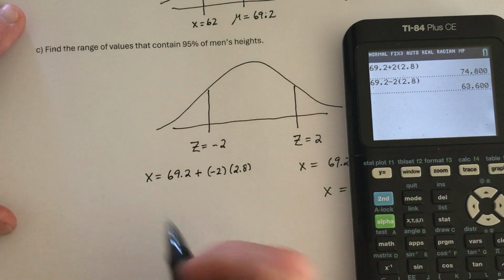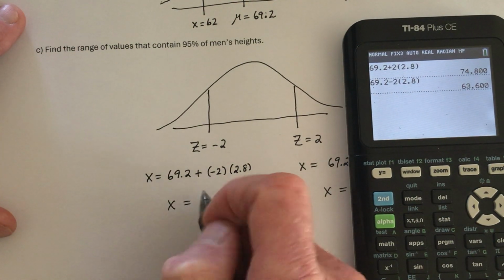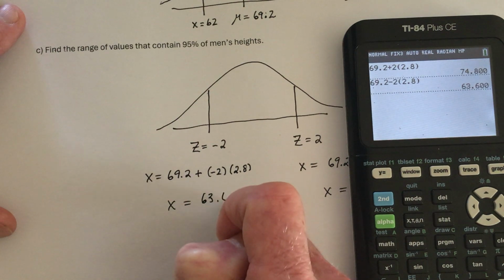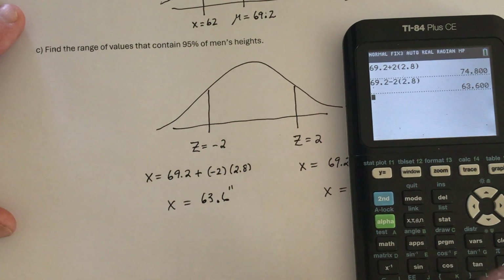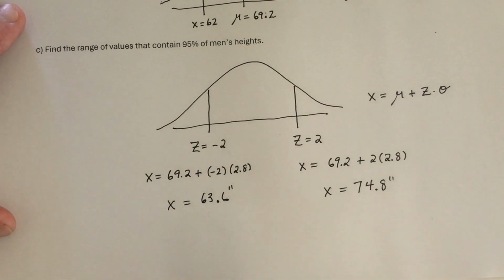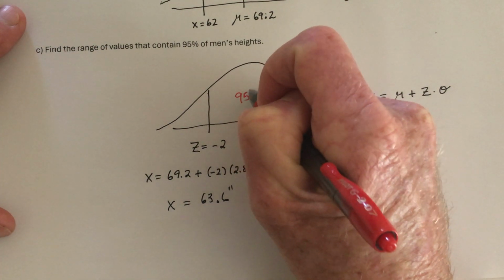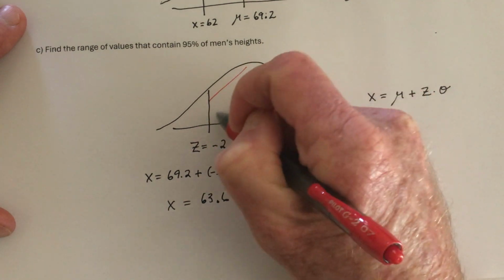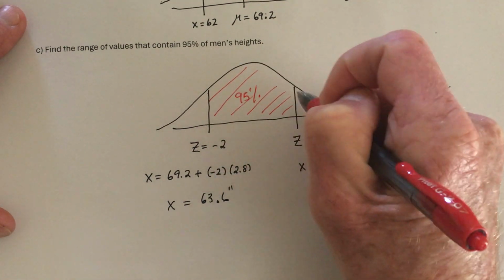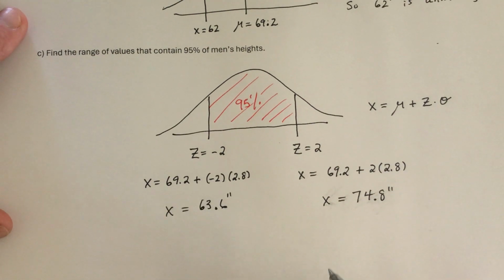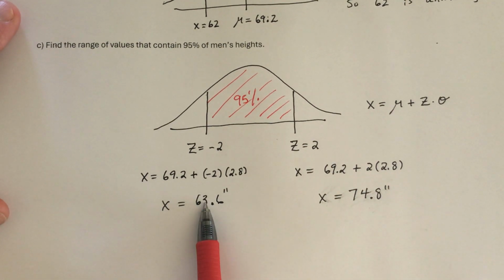So on the other side, x equals 63.6 inches tall, which is 5 foot 3.6. In other words, 95% of men would be between those two. If you shade all of this nice and red, that's 95% between this height and this height.